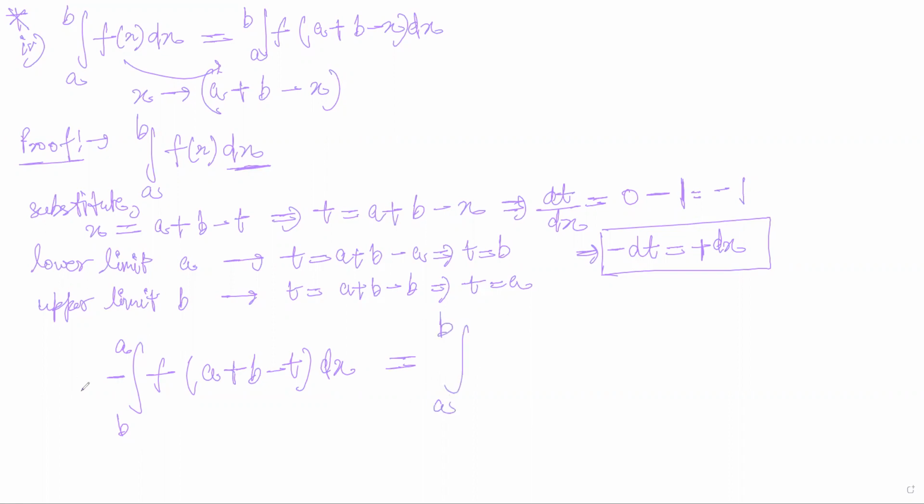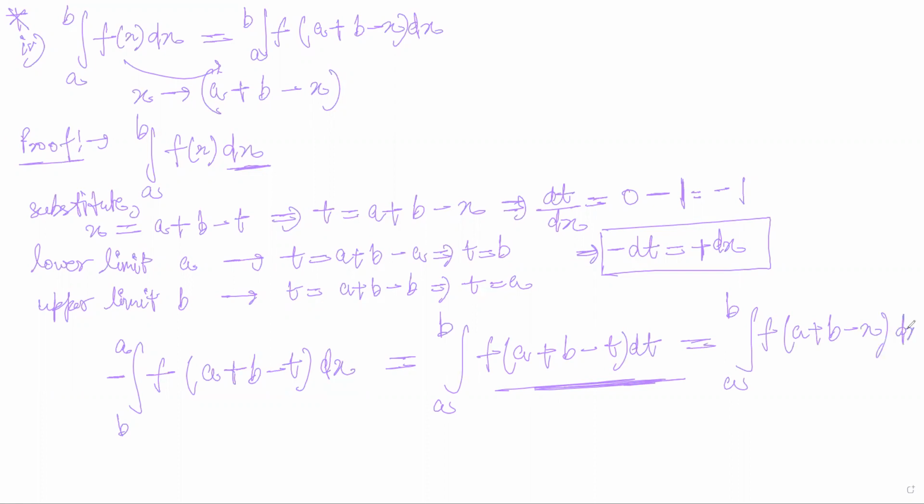You will also apply one more negative if you change the limits. So one more negative and negative becomes positive only. So a to b, f of a plus b minus t into dt. Now the first property says, if you write this in t or if you write this in x, there is no change. So we can simply write it as f of a plus b minus x dx.